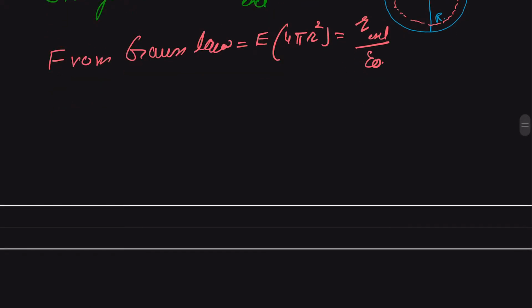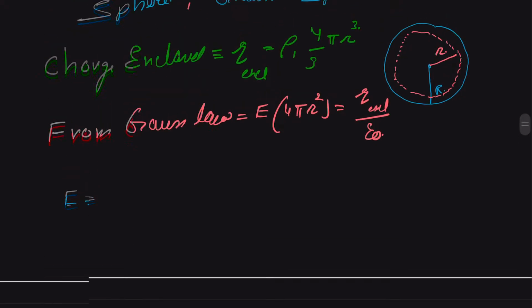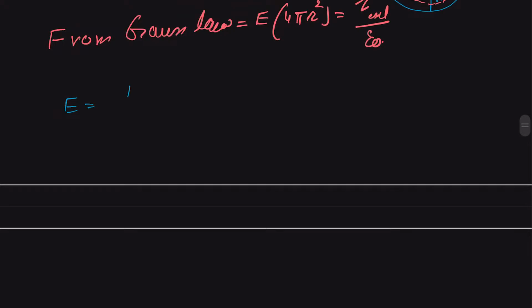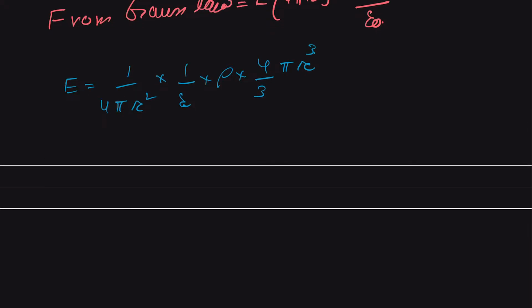Therefore our electric field will be equal to 1 upon 4 pi r square, times 1 upon epsilon naught, times rho 1 times 4/3 pi r cube, and we can cancel: 4 pi cancels, and r square goes against r cube. Therefore the electric field will be equal to rho 1 multiplied by r divided by 3 epsilon naught.